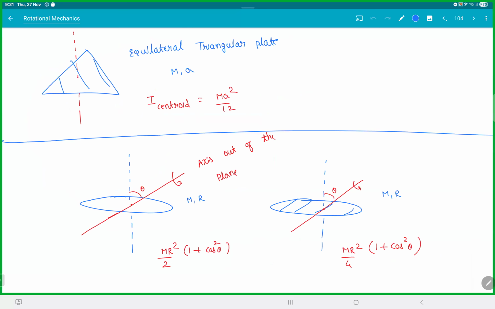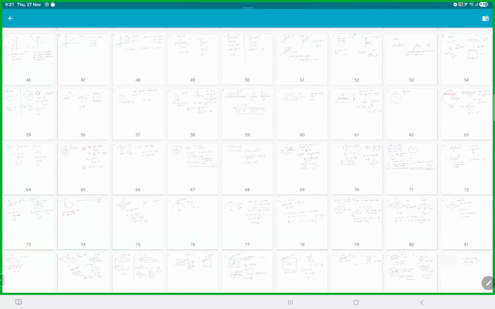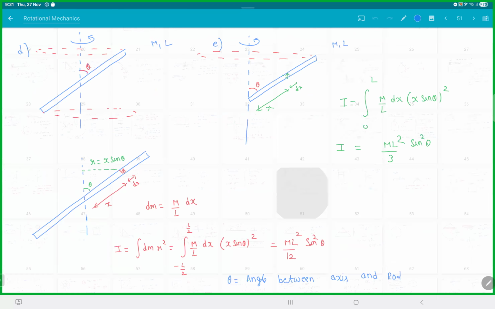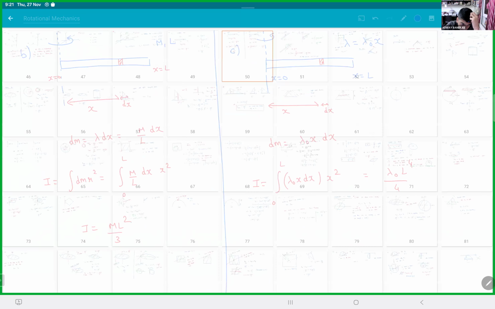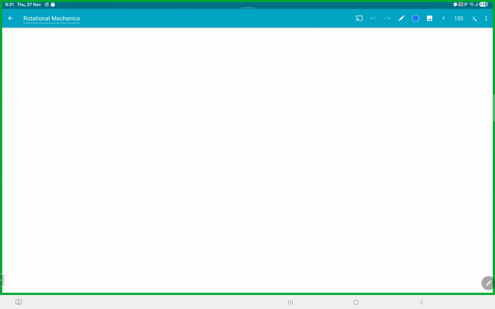That is ml square by 3. If you had bothered to revise the notes, you would have seen this not at one place, but multiple places. This was the question there, ml square by 3. So make sure to be a little careful, read the notes.